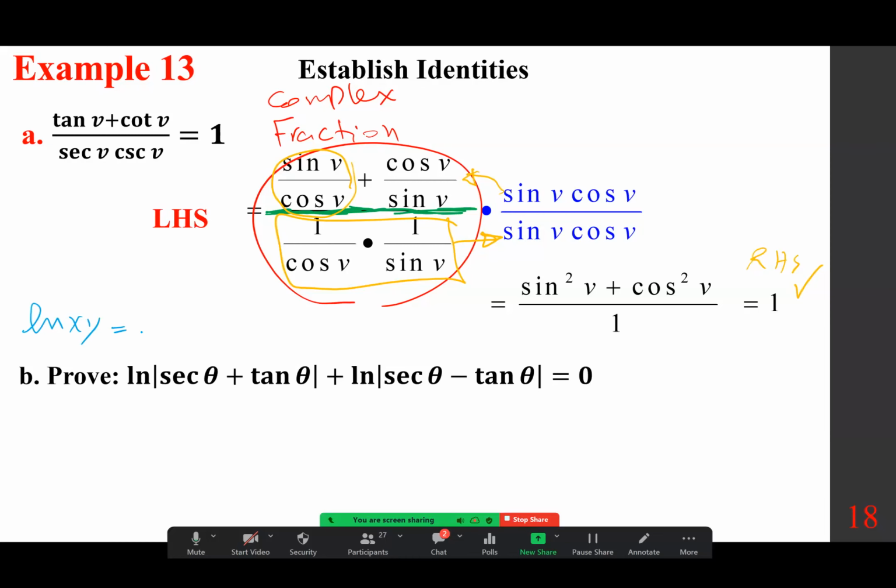ln of x times y is ln x plus ln y. I hope you remember the properties of logs. So what I'm going to do, I'm moving this way. So the left-hand side is the ln of the product of these two arguments according to this formula.